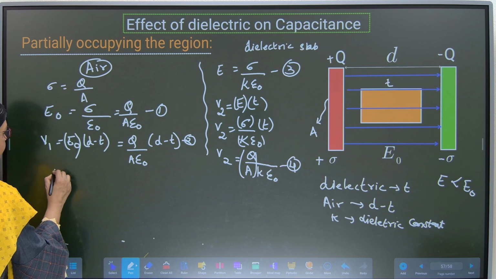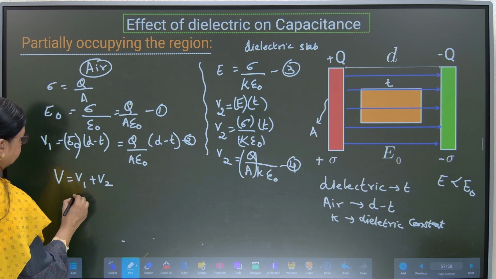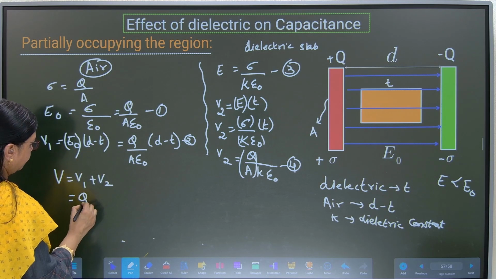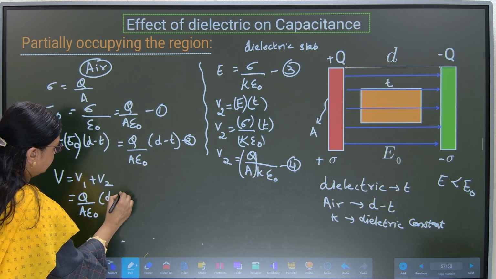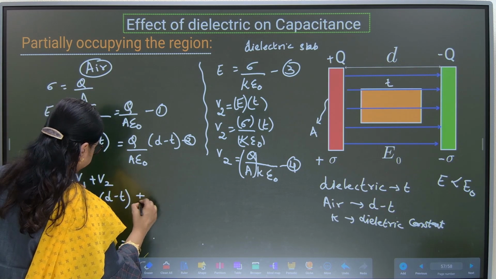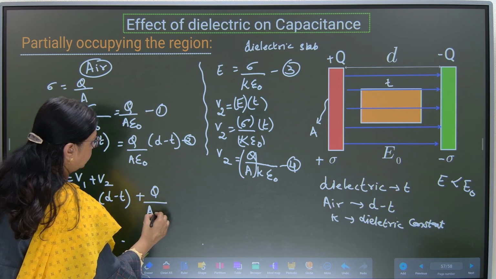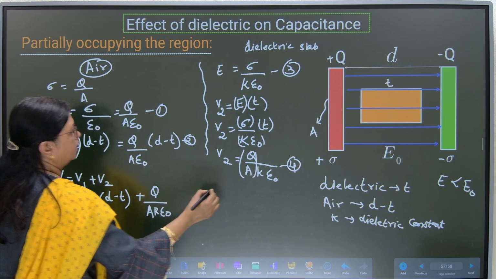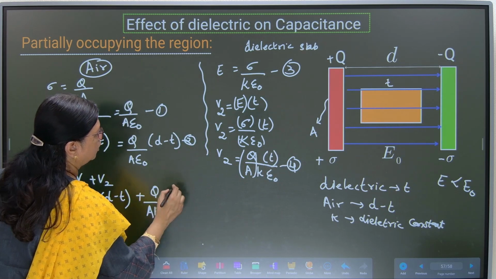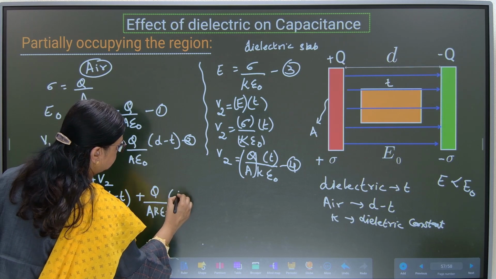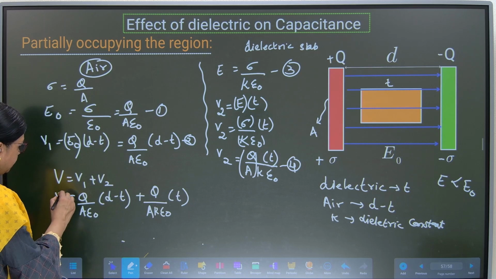So the total potential difference V is equal to V1 plus V2, which is Q upon A epsilon naught times D minus T, plus Q upon A K epsilon naught times T. Here I had forgotten to write T, so I have written T here. This is what we get as the potential.